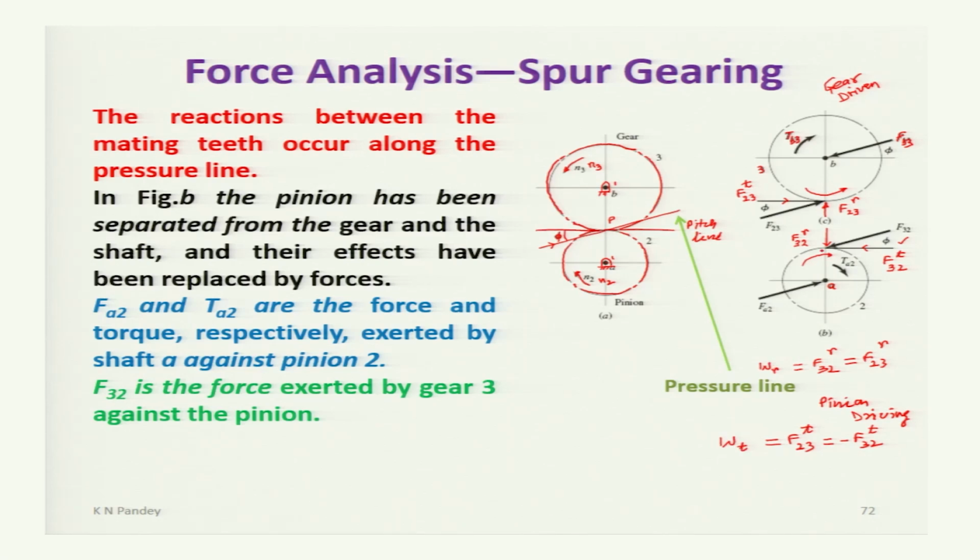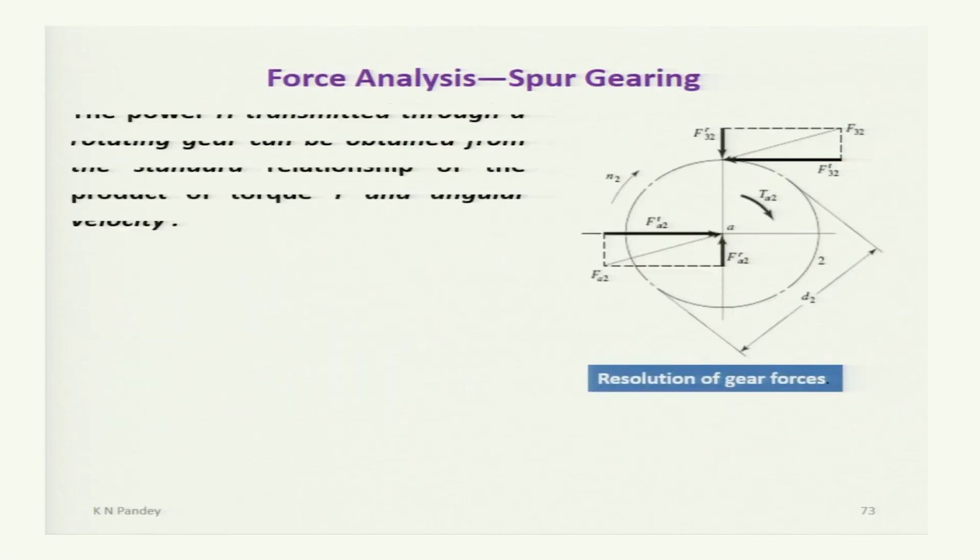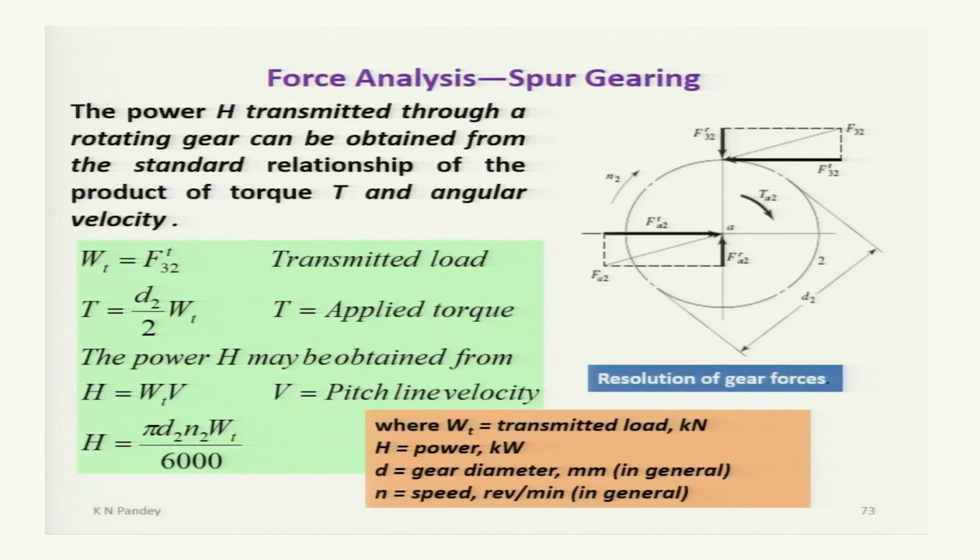Now if there will be more than two gears, like if an idler is in between these two, then we must use the subscript 1, 2, 2, 3 like that. So the tangential component is now called the transmitted force.